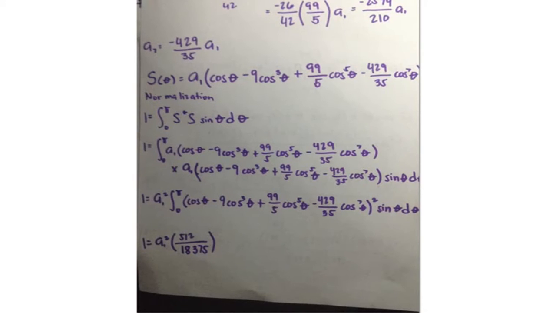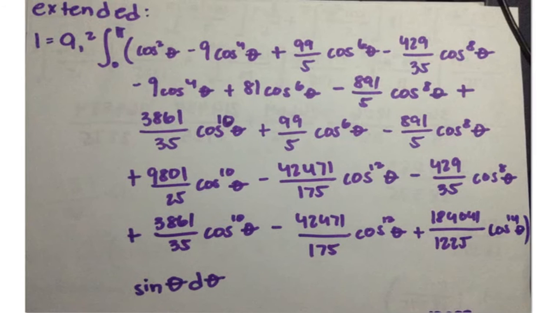But if you want to do it manually, first you have to expand the whole equation to remove the square. Then simplify it by adding same terms. So this is the expanded equation for the square, and combining same terms, like for example negative 9 cosine 4 theta, you combine it with negative 9 cosine 4 theta, you will get negative 18 cosine raised to 4 theta.